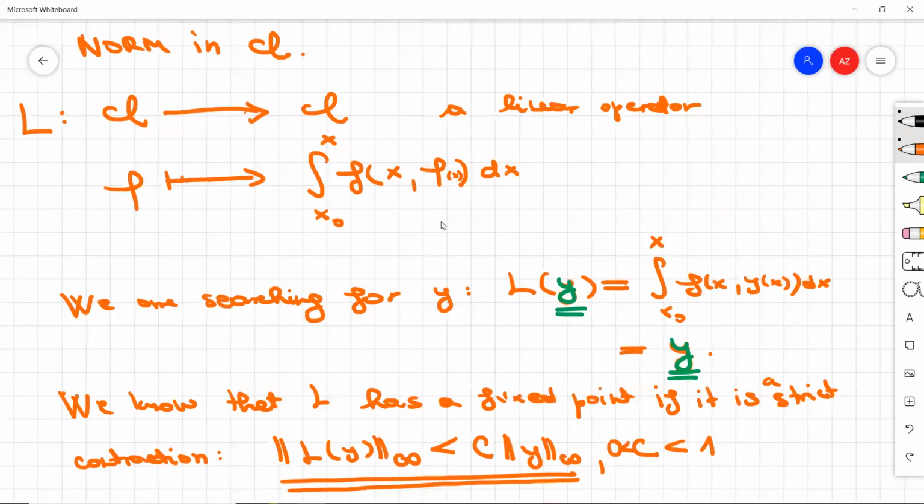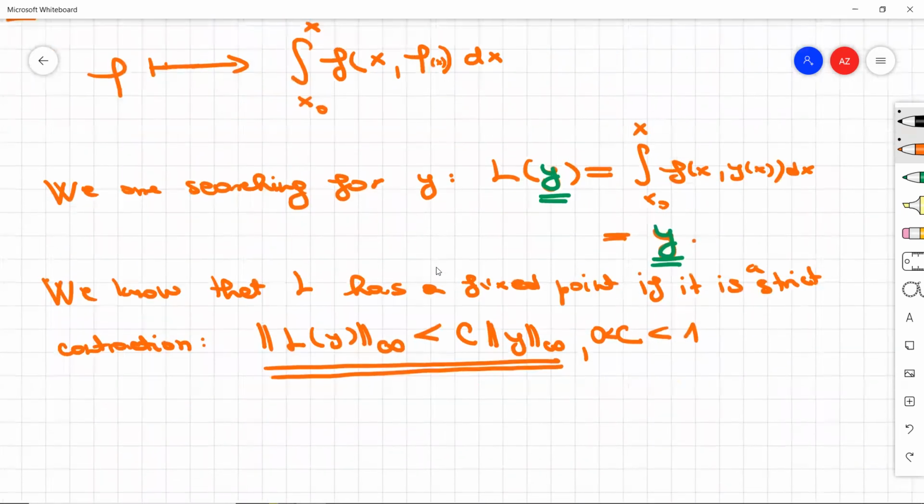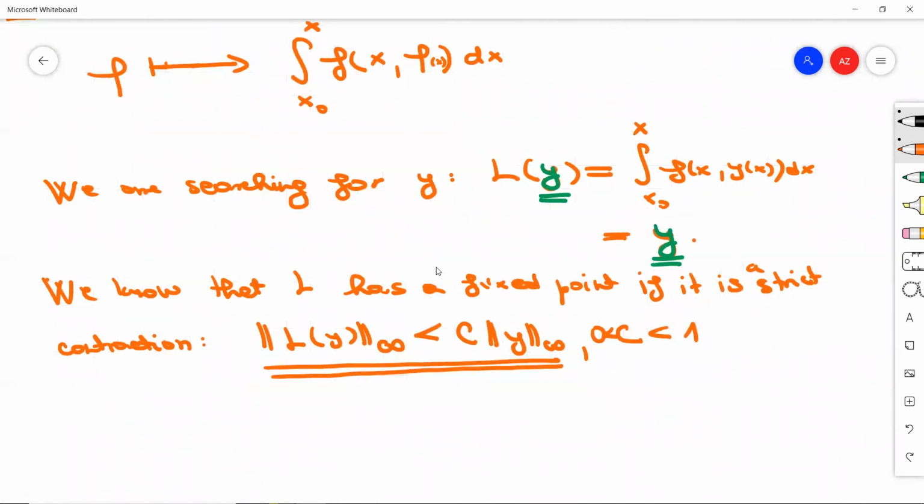But this is the idea behind it, and how does one see this? I will leave it to you if you are interested. It's not very long, but it's a little bit of work. As I said, just Google the Picard-Lindelöf theorem and you will see a derivation.